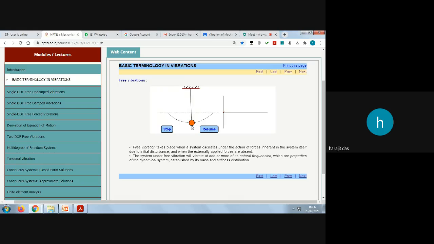When the bob moves in this direction, first you need to displace this bob by giving some angular deflection. When it moves to this position, you will be able to see that the curve forms a quarter cycle. In the reverse directional motion, it will again form the next quarter cycle, which means the semicircular curve you will get.